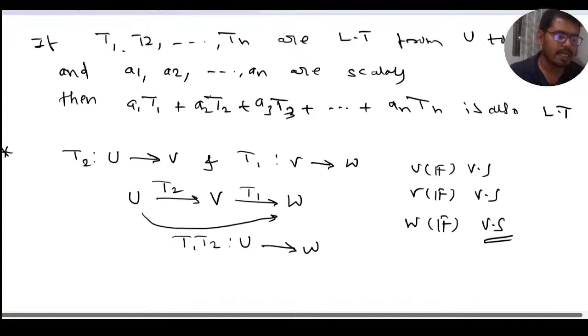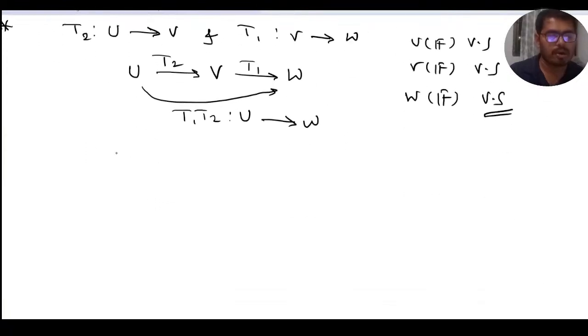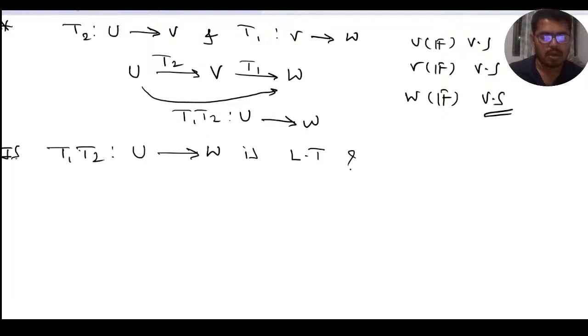Okay, then is it a linear transformation or not? What is our aim? T1 T2 from U to W is linear or not? That is my question. First of all, how do we define this composition?